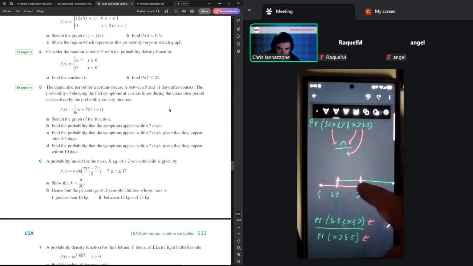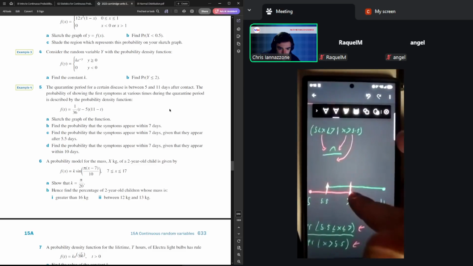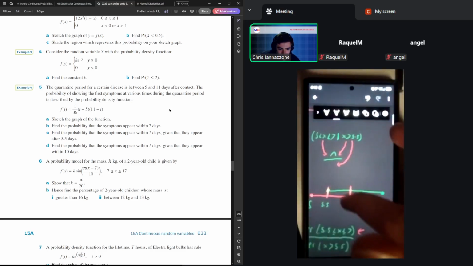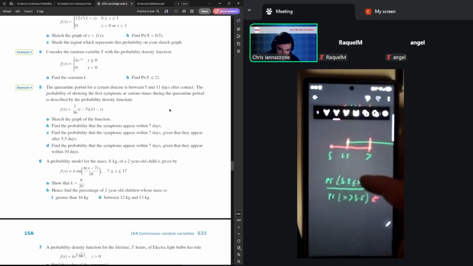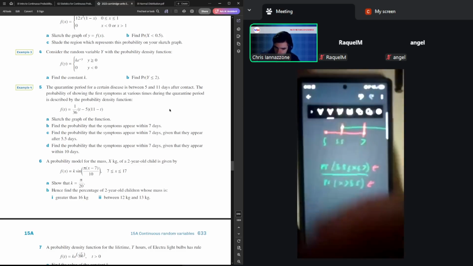Intersection is best resolved with a number line and just looking at where the two intervals overlap. That allows you to simplify what you got on top, rather than just having two separate things with an intersection symbol between them. Then resolve them individually and then divide through, because that's what this says. It says divide this by that. Any questions?